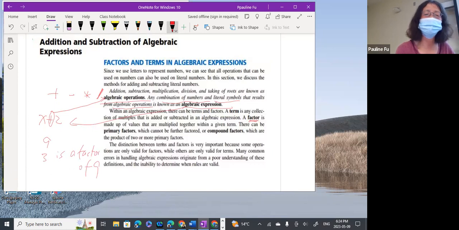Factors could be primary factors or compound factors. A primary factor cannot be further factored. For example, 3 is a factor of 9. Can you further divide 3 into other factors? No. So 3 is a primary factor.